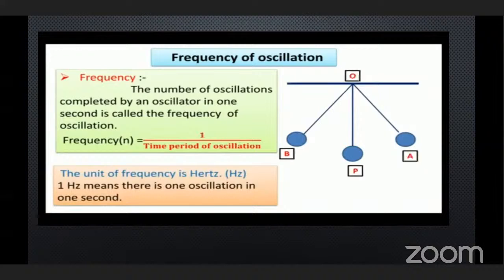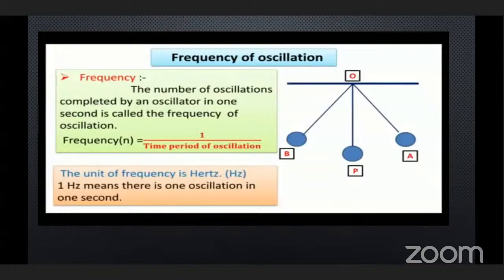How many oscillations are completed by an oscillator in 1 second? It is called frequency. Did you understand this? In 1 second, the oscillator completes how many oscillations? It is called frequency.